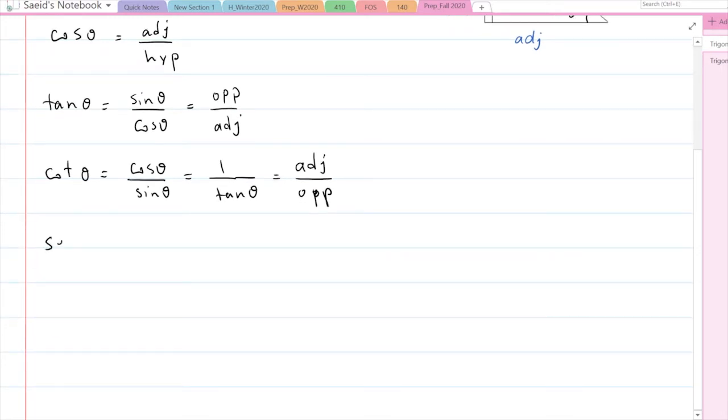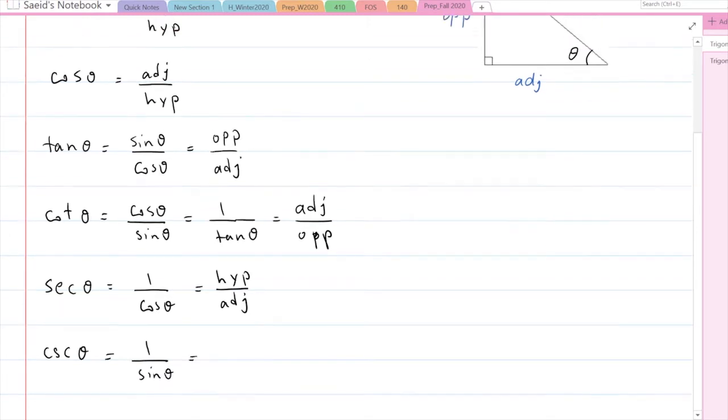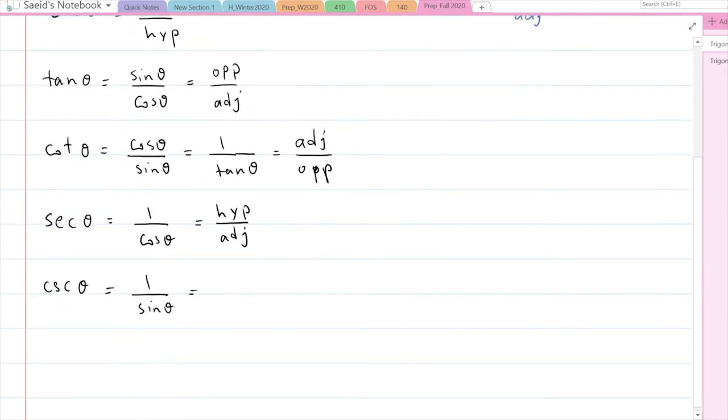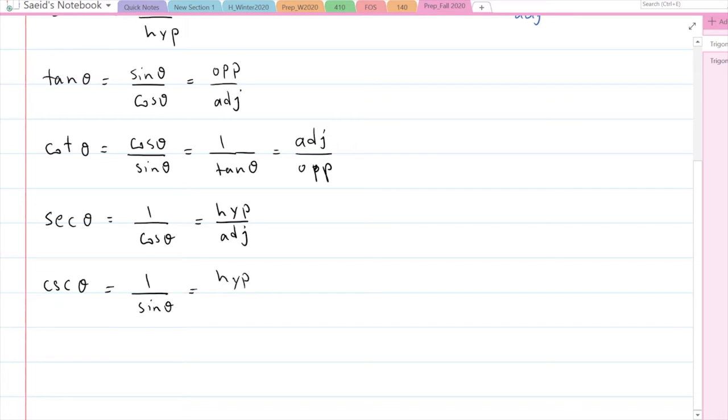And we also have secant theta, which is 1 over cosine, that would be hypotenuse divided by adjacent. And we have cosecant theta, which is 1 over sine theta. So for sine theta, we just need to find the reciprocal of that, or flip this fraction. So that would be hypotenuse over opposite.